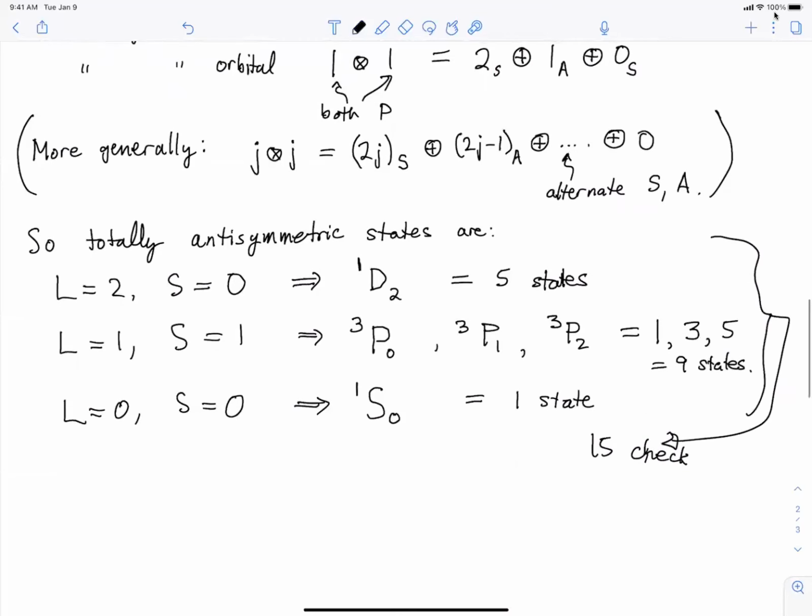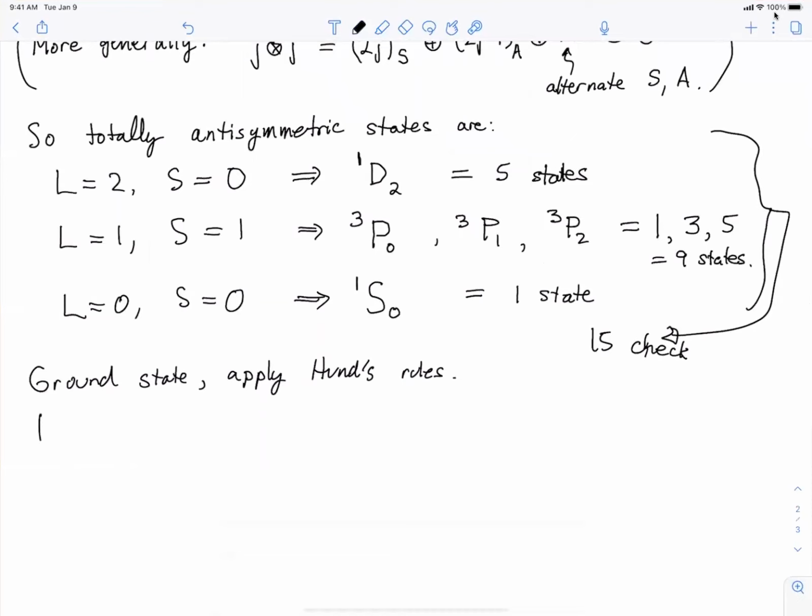And now having found all the states, we can go ahead to decide which one's the ground state. That's what Hund's rule tells us. So for the ground state, we apply Hund's rules. Okay, and so let's remember what Hund's rules say. First of all, there was Hund's rule number 1.